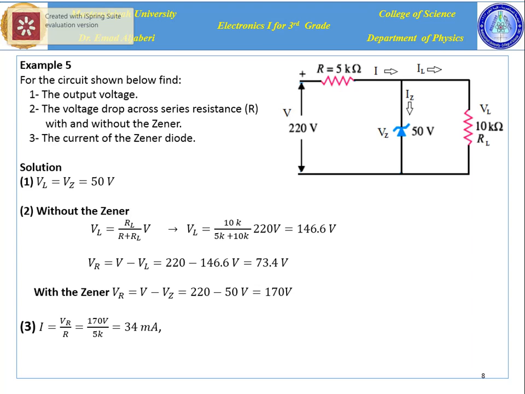The current passed through R is equal to V sub R on R, and this is equal to 34 milliampere. So we have I and I sub L. I sub Z is equal the difference between I and I sub L, which is equal 29 milliampere.